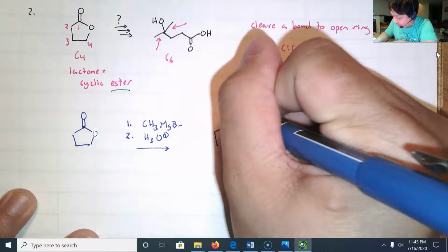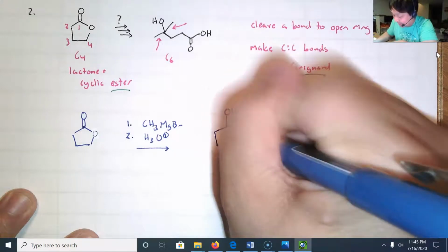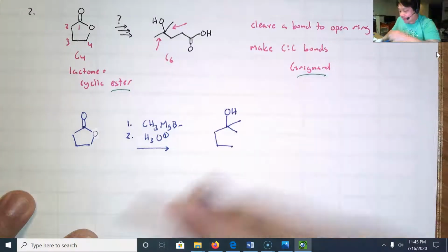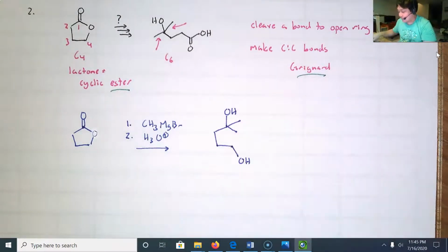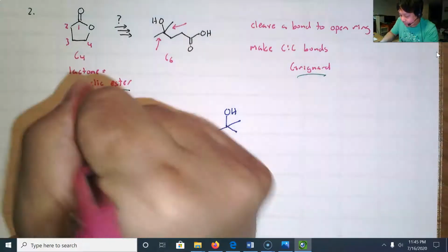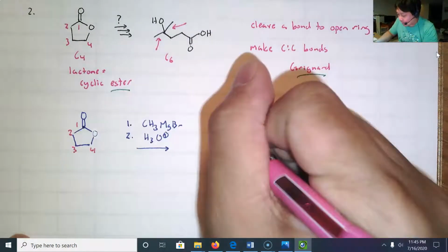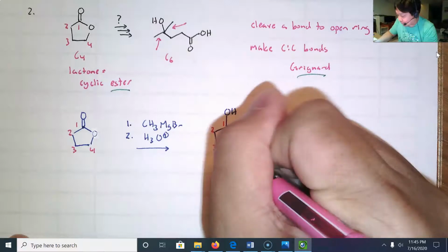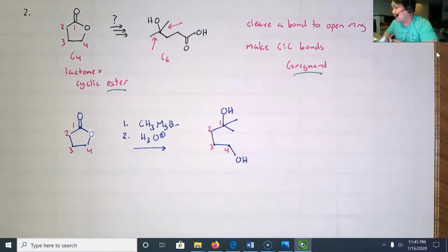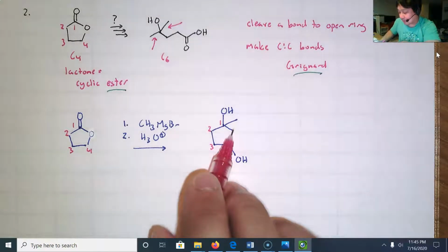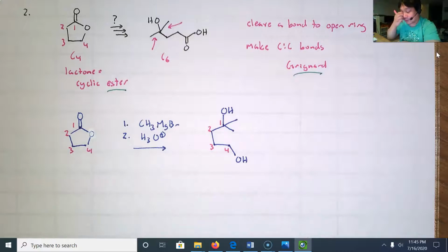I suggest if you don't know how this happens, look back at the video where we talked about Grignard plus ester, and you would hear me say that the Grignard adds twice. Carbon 1, 2, 3, 4. Those two carbons, those two methyls, came from the Grignard reagent.